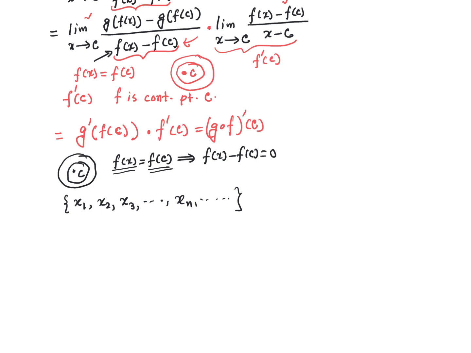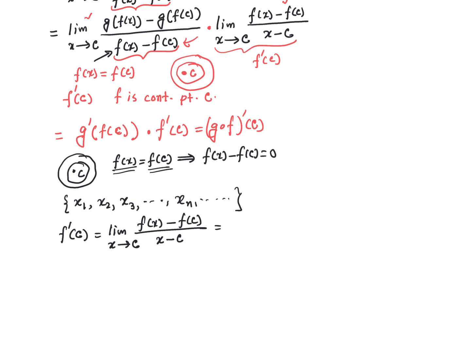If that is the case, we are going to be using this sequence to find the derivative. So let's say f prime of C. For that particular point of interest, f prime of C is going to be limit x approaches C of f of x minus f of C, all of it divided by x minus C. But look, this is going to be the same if we go through this sequence.